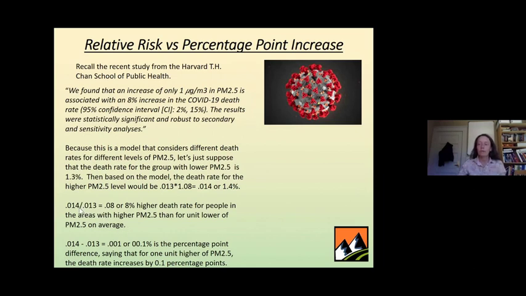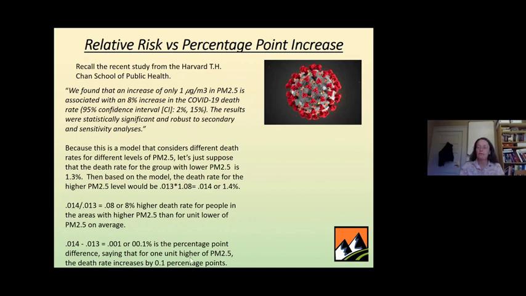But when you're looking at the absolute difference, just the percentage point increase, 0.014 minus 0.013 is just 0.001 or 0.1%. I feel like that's a very large difference, and it's nice for us to understand the distinction between a percentage point increase and a percent increase.